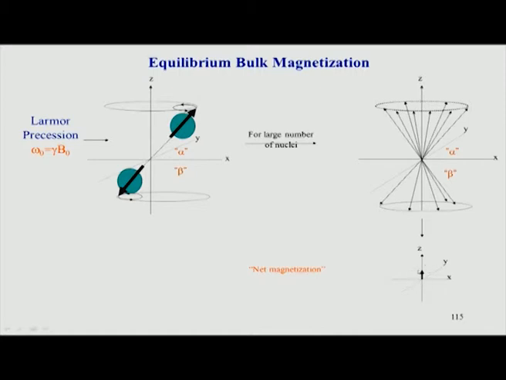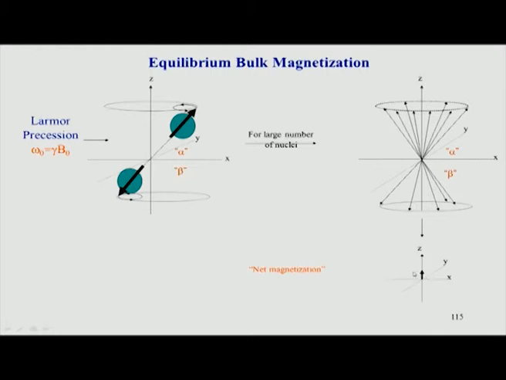Remember, this is nothing but a difference coming from the population in the lower state minus the upper state, where the upper state is beta, and the lower state is alpha, and this difference in population contributes to the net magnetization. Therefore, if the populations are equal, then this will be 0, because everything will cancel in all directions.